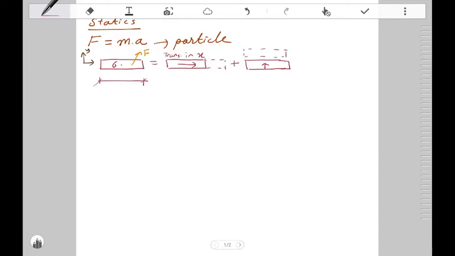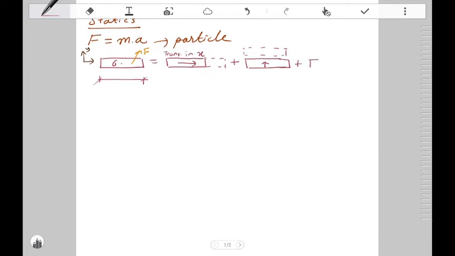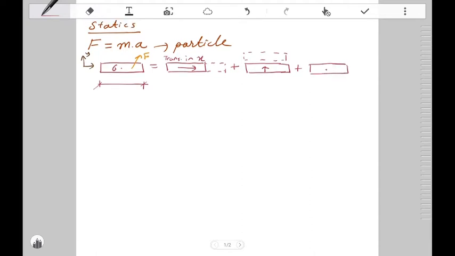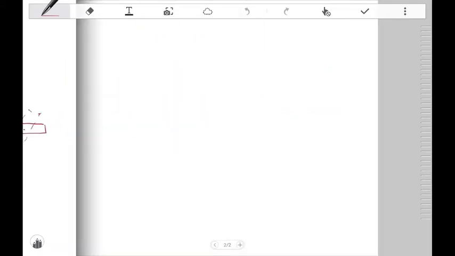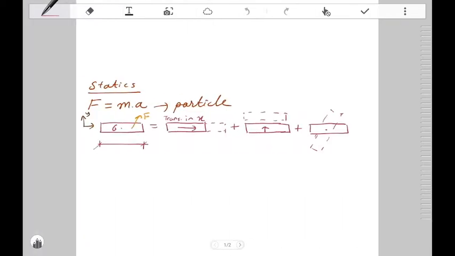And there is a rotation, right? Rotation about the center of gravity. In rotational motion, we don't have any translation.